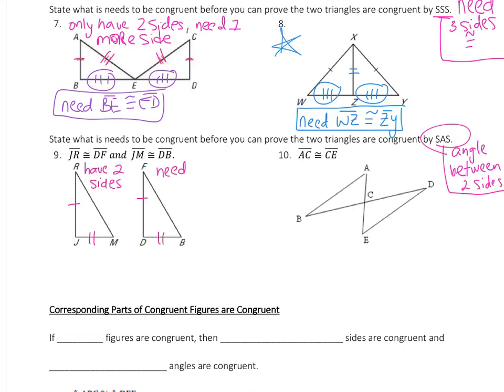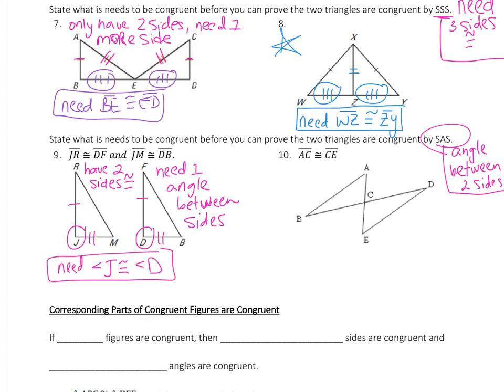We can see we have 2 sides that are congruent already, and the part that we need is an angle. But the angle needs to be between the 2 sides that we are given. The only place that would happen would be angle J and angle D. So angle J must be congruent to angle D. And then they would be congruent by side, angle, side.